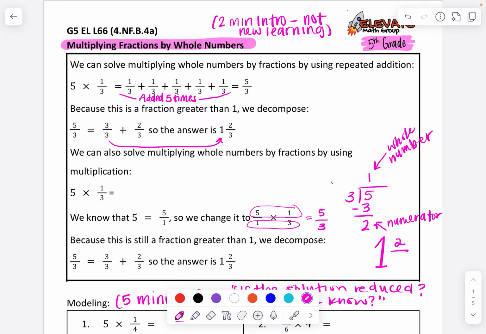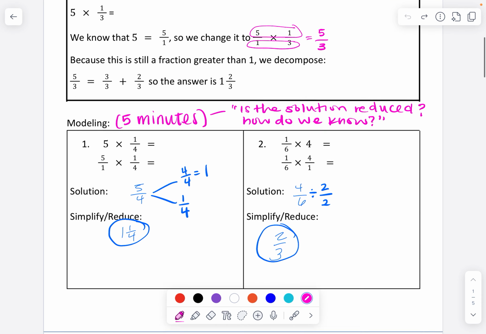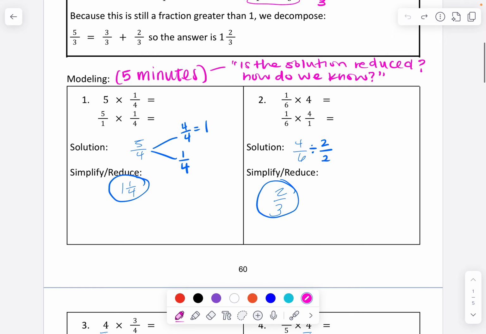And then your denominator is your dividend. Students may also be able to do this in their head, so that is okay as well. But we want to ensure that students are able to translate that fraction larger than 1 into a mixed number today. That is our focus, okay?